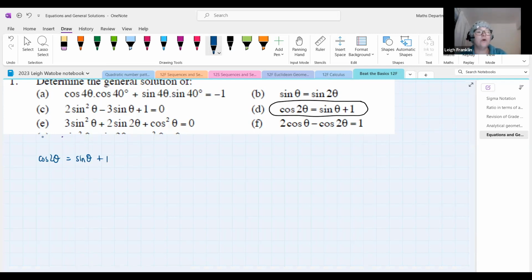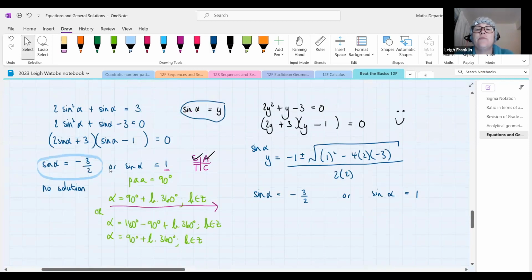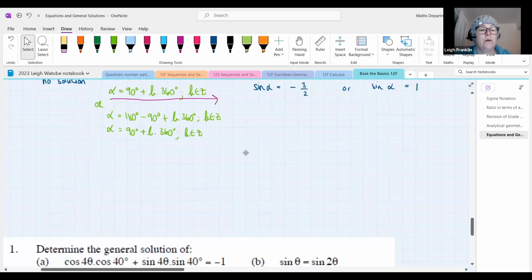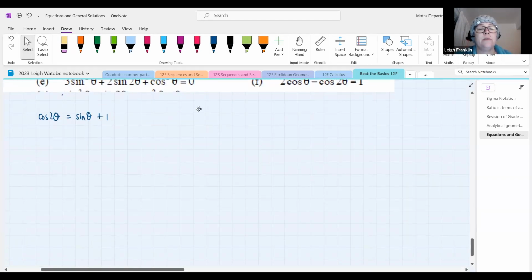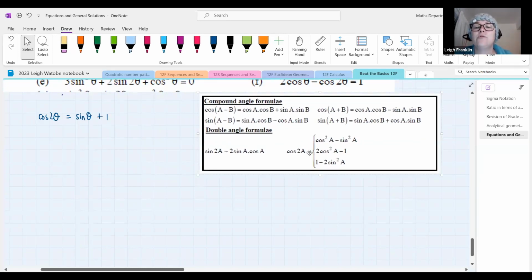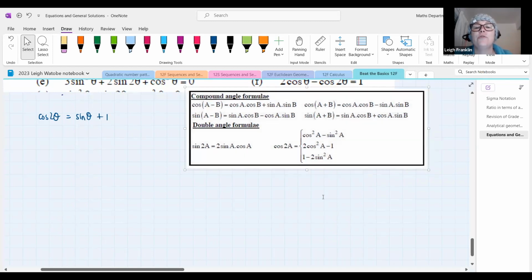Now, we all know that we've got a cosine double angle. Let me just go and fetch our thing. There it is. How do we know how to write our cosine double angle? How are we going to write cos 2 theta? We have 3 options.